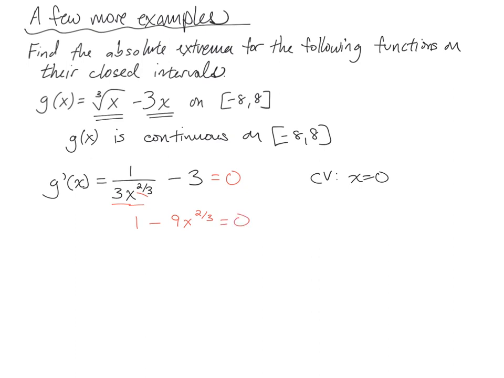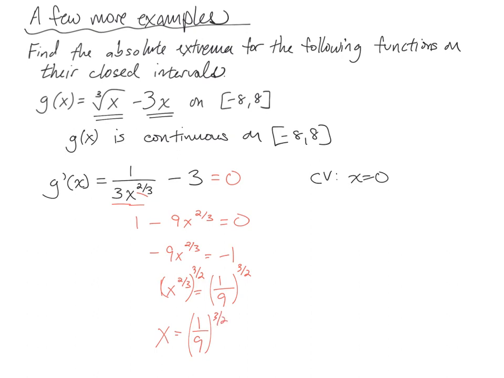So if I solve for this, I'll have negative 9x to the 2/3 power equals -1, divide by -9, that's x to the 2/3 power equals 1 over 9, and I can raise this to the reciprocal power to get x equals 1 over 9 to the 3/2 power.